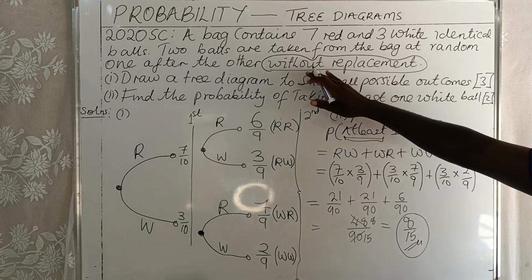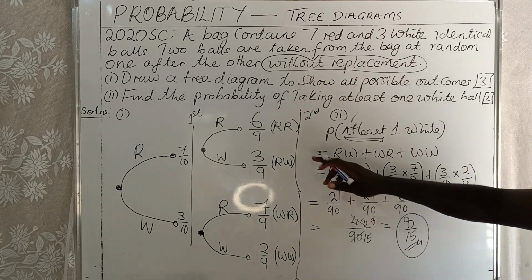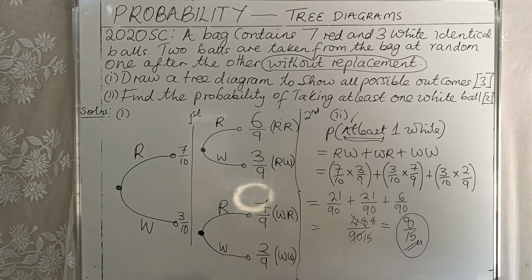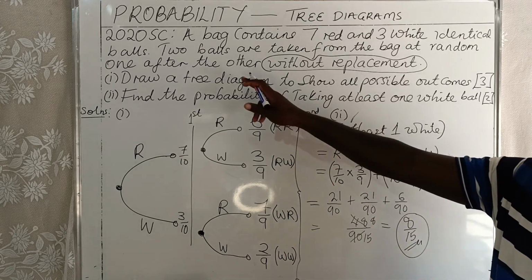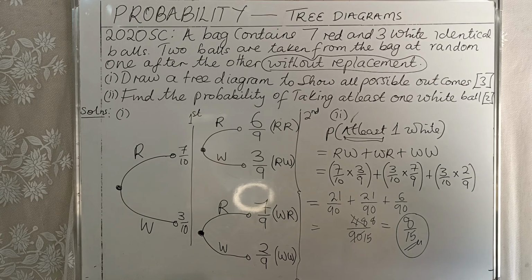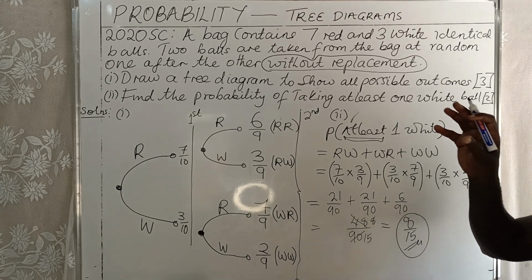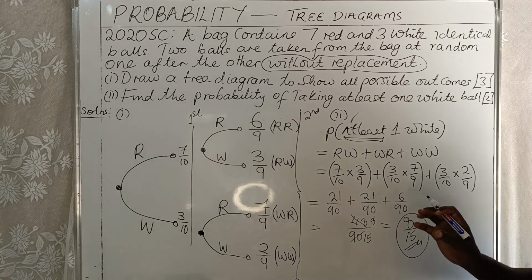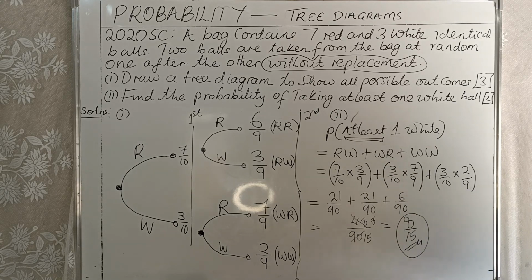And we know without replacement affects the denominator in the second set of branches. And also, one after the other tells you and I that the picking is being done one after the other. The two balls are not picked all together at one go, but they are picked one by one.